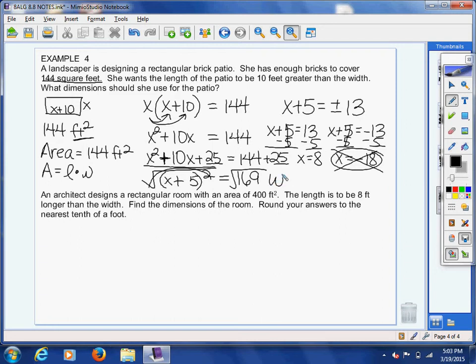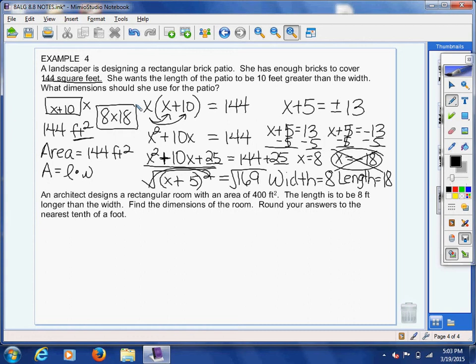So our width is going to be the positive 8. And then our length, remember from the beginning of the problem, needs to be 10 more than that. And it's 18. And so what our rectangle is going to be is an 8 by 18. That's what's going to end up being 8 by 18 for the patio.